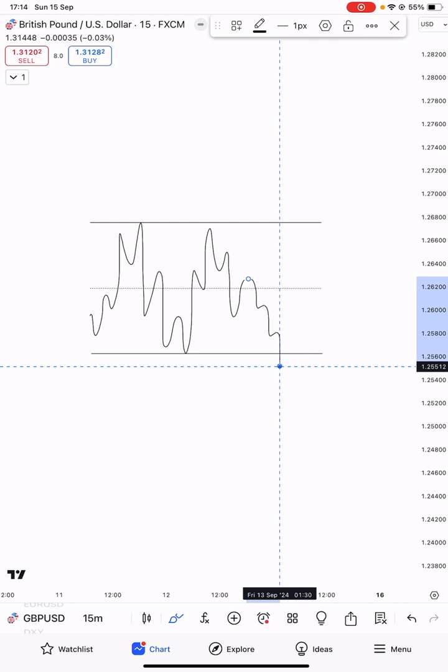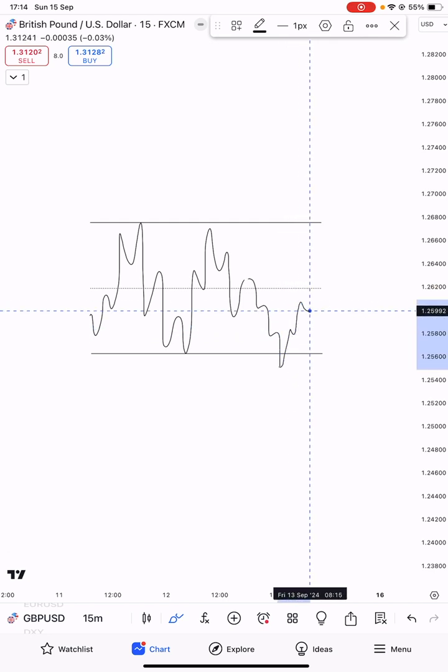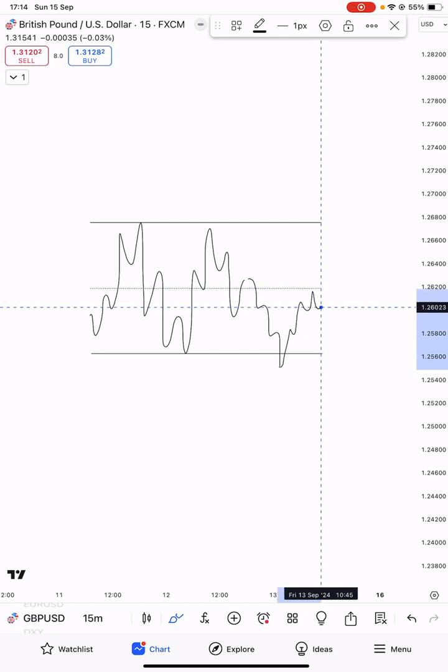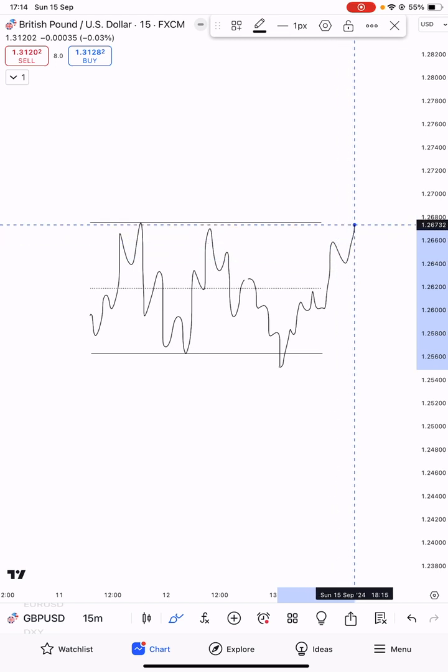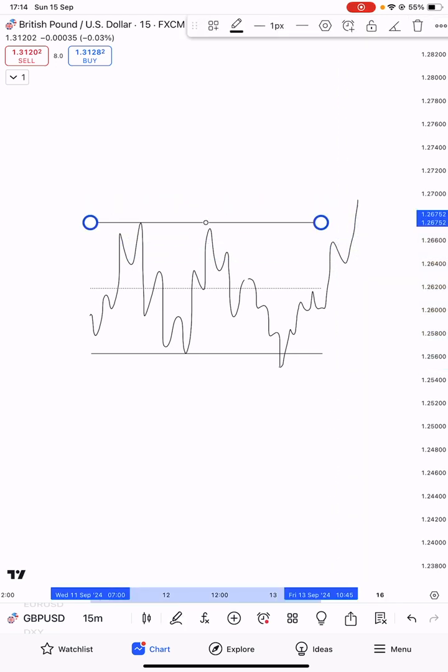You wait for a change in state of delivery, or you go for a blind entry. Either way, you buy the range low, take partials at the 50% of the range, usually witnessing a retracement, and then you take price to the other end of the range.